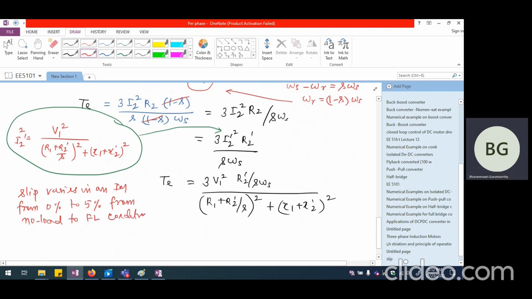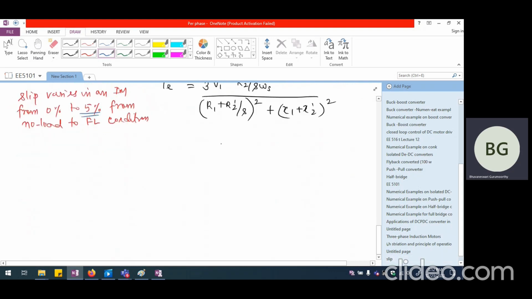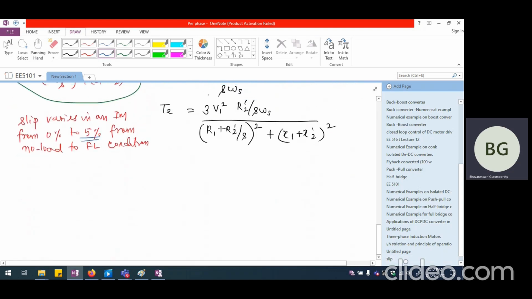So even at full load condition, I will have a slip of only about 5%, not anything more than that. There are two ranges of slip we are going to consider. If slip is close to 0, that is the 0 to 5% range.